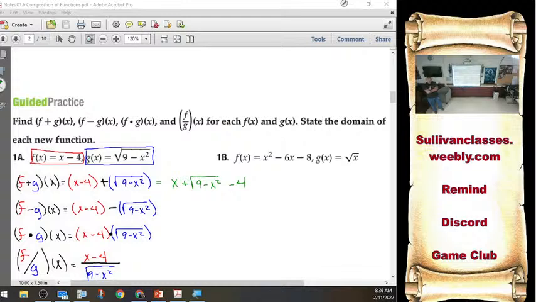Y'all remember standard form being in descending order for polynomials? What's the degree on x? What's the degree on 4? 0. What's the degree on 9 minus x squared? 1/2. So 1, 1/2, 0. That's getting real picky. I would not take points off for that anywhere, ever.